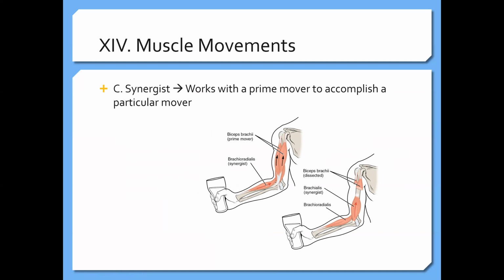When you are trying to bring a cup of water, or in my case, a cup of soda, or a cup of tea, up to my mouth, the biceps brachii is the agonist, but the brachioradialis is a synergist because it can help the biceps bring that particular item up to your mouth. So it can help that.